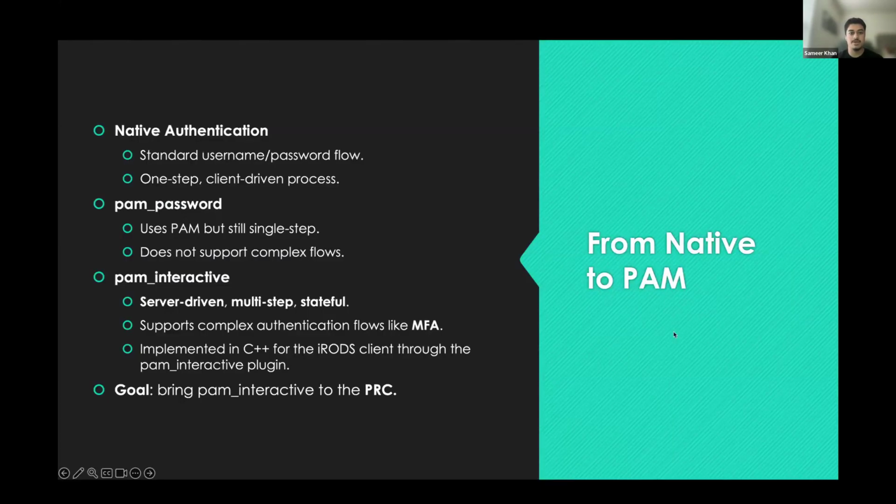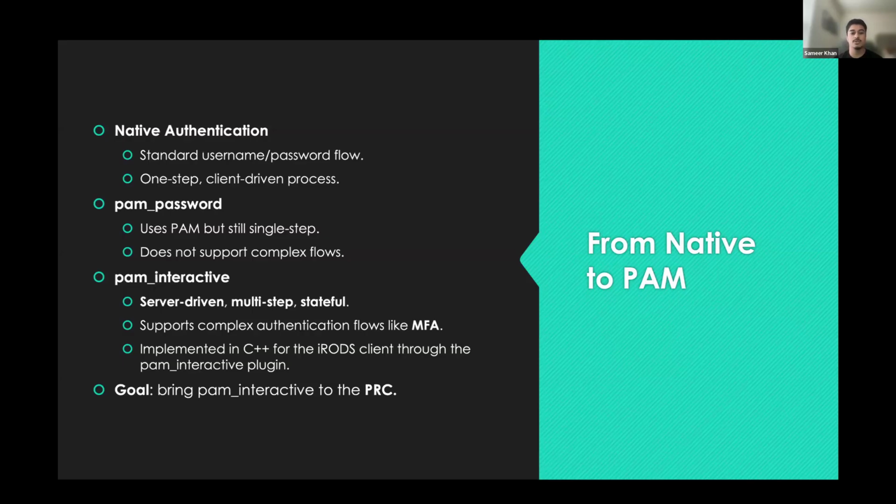So from native to PAM, currently there's three different ways of authenticating with the iRODS server. The first one is the native authentication method, and this is a standard username and password flow. It is a single step and it's mostly client driven. We also have PAM password, which uses PAM but is still a single step, essentially mimicking the native authentication.